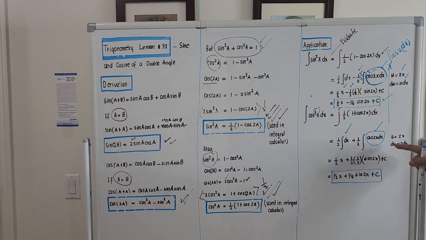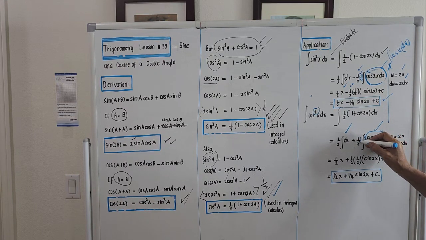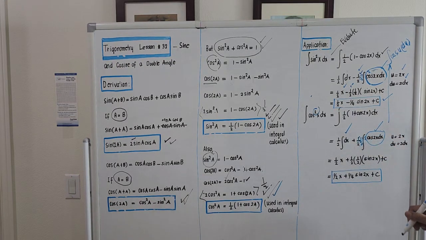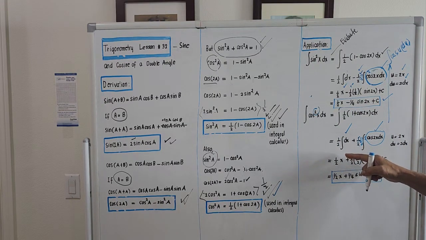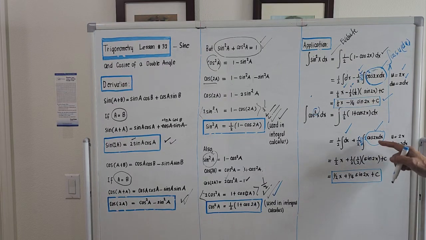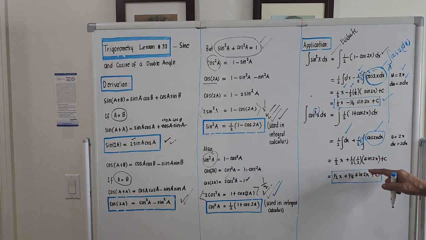Taking the differential of both sides, it should be 2 times the differential of x, or just simply 2 dx. It is not exact. So we place 2 here, then we place 1/2 outside. Okay? 1/2 the integral of dx will just be simply 1/2 x, and 1/2 times 1/2 is 1/4. And the integral of cosine is actually plus sine. Sine of 2x plus c.